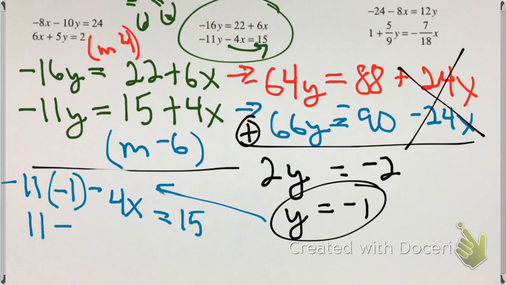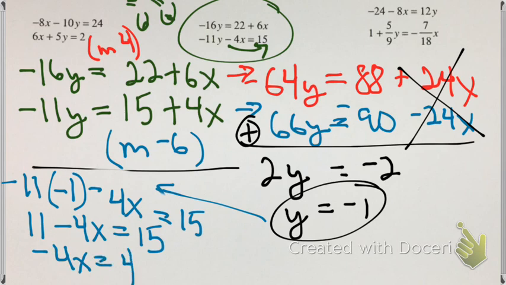So we got 11 minus 4x equals 15. All right, take away 11 from both sides. You get minus 4x equals 4. So divide by negative 4, and we've got ourselves x equals negative 1.